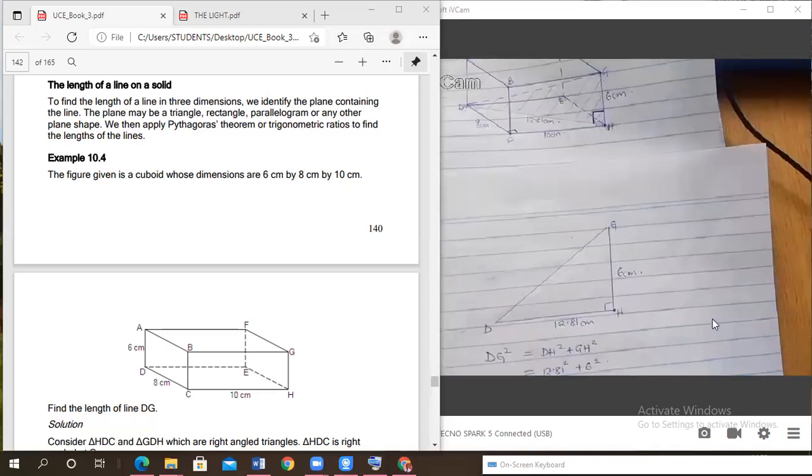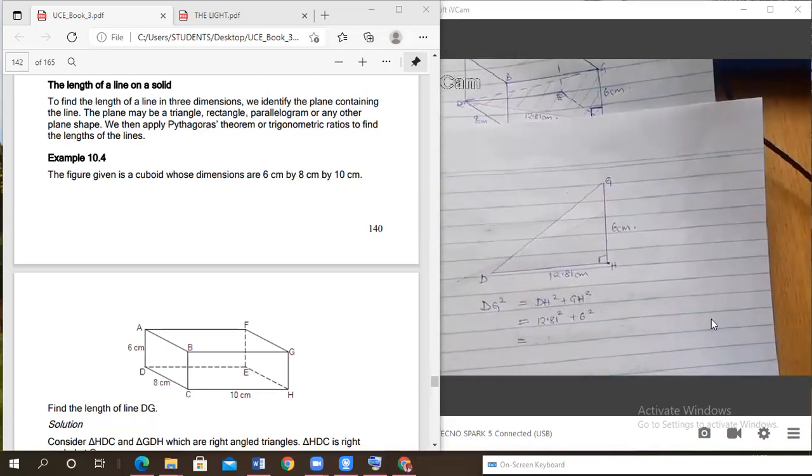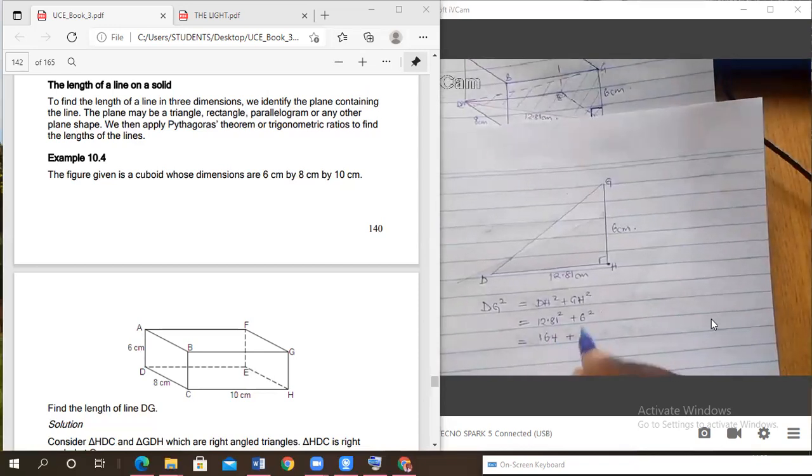What is 12.81 squared? 164.01. Okay, so 164, then plus 36. Okay, so what do we get from there? 200. We get 200.